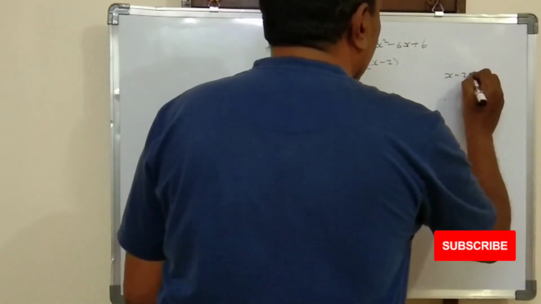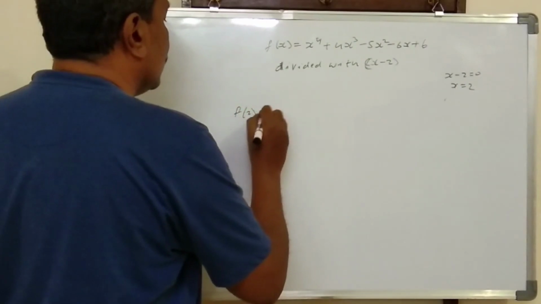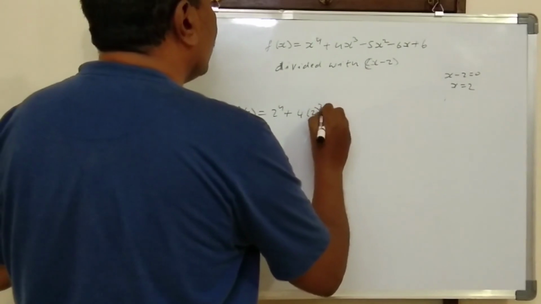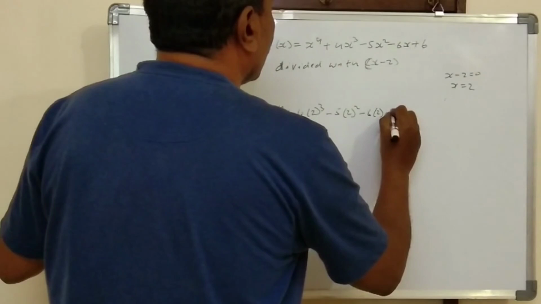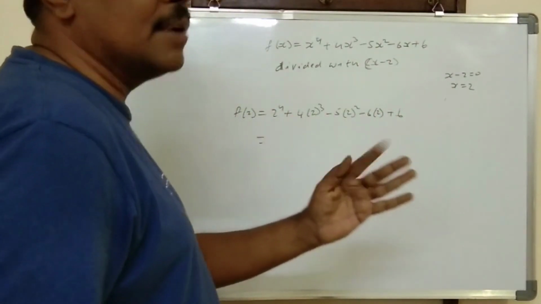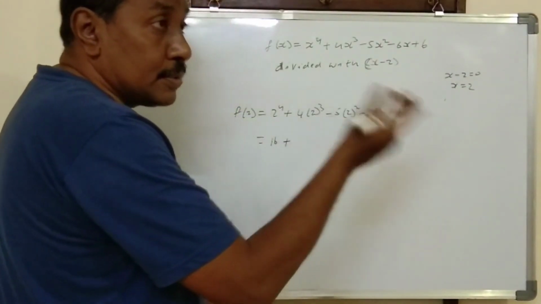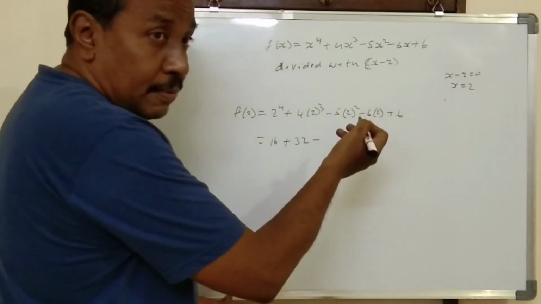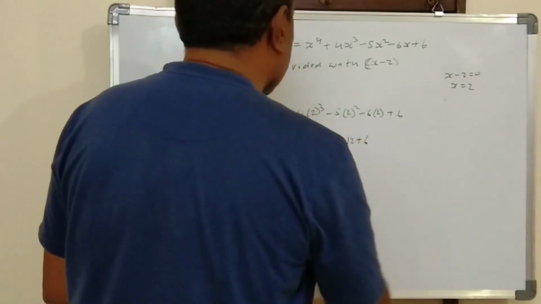The zero of x minus 2: x minus 2 equal to 0, x is equal to 2. f of 2 is 2 power 4 plus 4 into 2 cube minus 5 into 2 square minus 6 into 2 plus 6. 2 power 4: 2 2s are 4, 4 2s are 8, 8 2s are 16. Plus 4 times 2 cube: 2 2s are 4, 4 2s are 8, 8 4s are 32. Minus 5 times 2 square: 4, 4 5s are 20. Minus 6 2s are 12, plus 6.